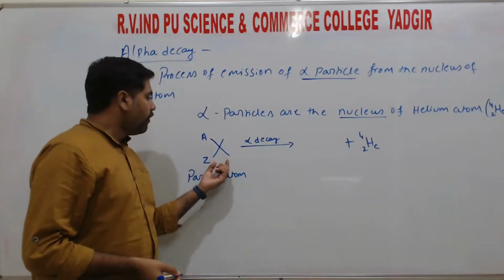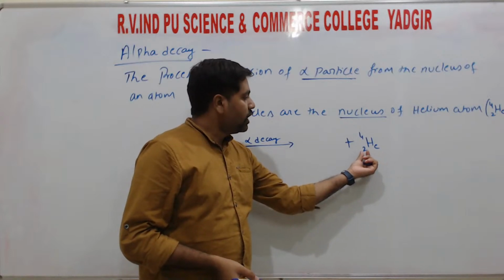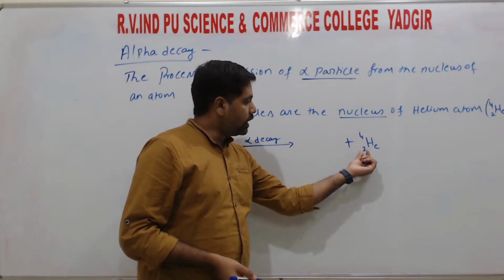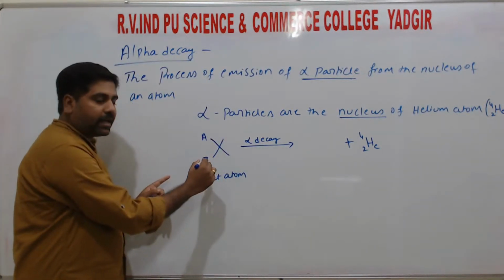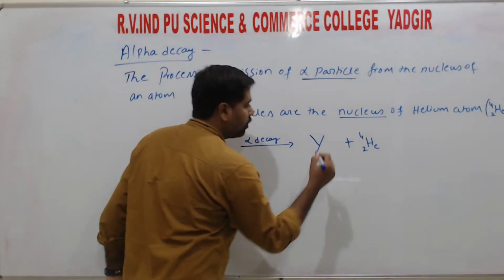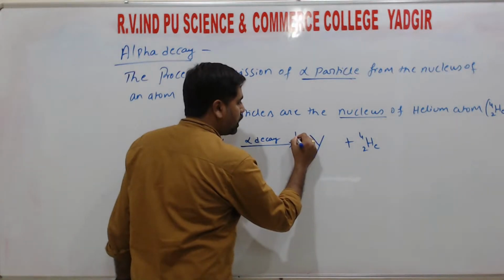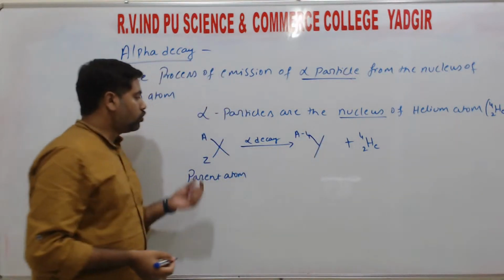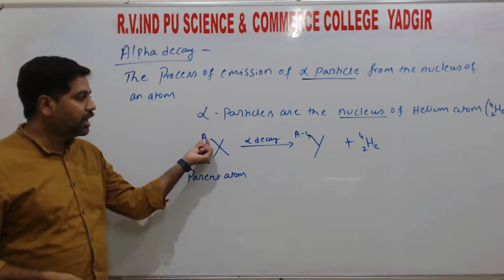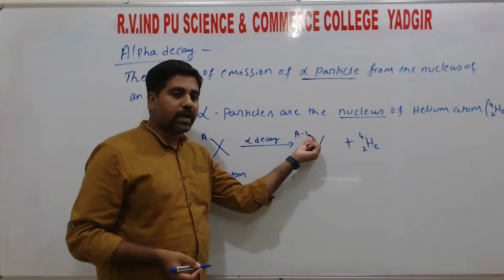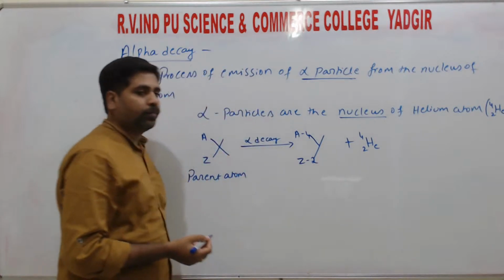When this nucleus undergoes decay, it emits the helium nucleus, that is He4, with mass number 4 and atomic number 2. After decay, the nucleus which is formed has a mass number less by 4 than the original nucleus having mass number A, and its atomic number also decreases by 2.